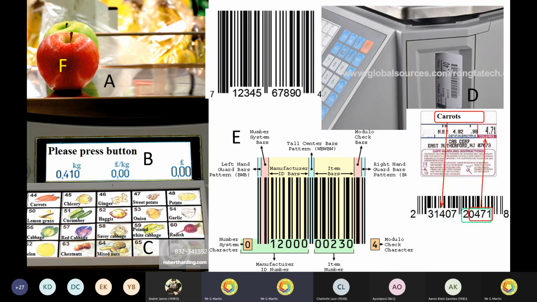Excellent. I'm not catching it out. You're all putting O. It's an output device. So therefore that is output. And you can see an example of what might be output underneath it. Printed onto that paper are carrots and then the price with some weight there. What do you think B is?